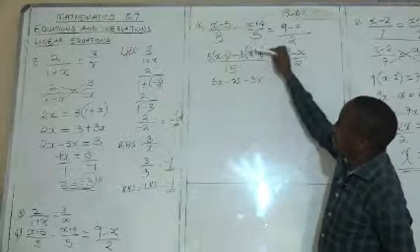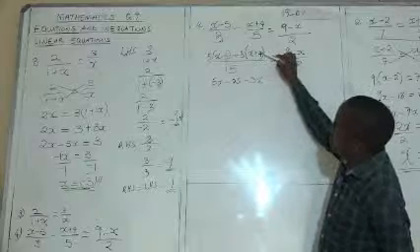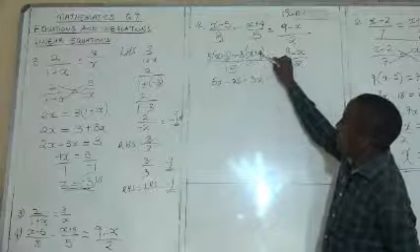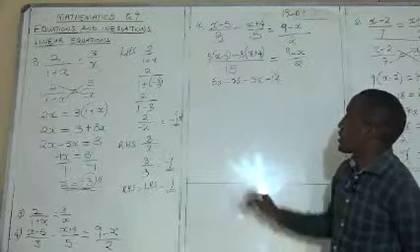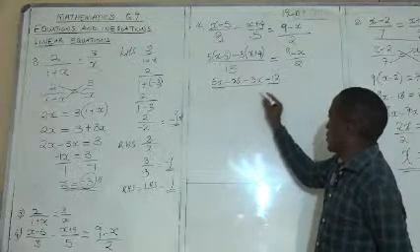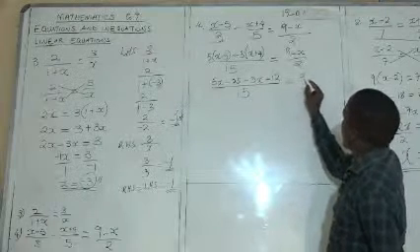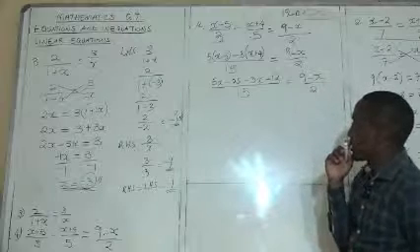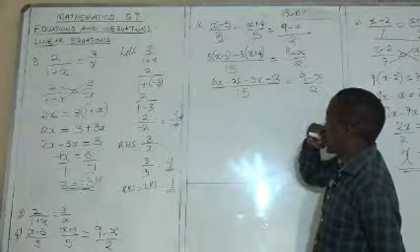Okay, so we are done with the x, so we go to this positive 4. So this will be negative 3 multiplied by positive 4, that will give you a negative 12. Okay, so this over 15. So you equate 9 minus x over 2. Okay, so here we can collect like terms together.